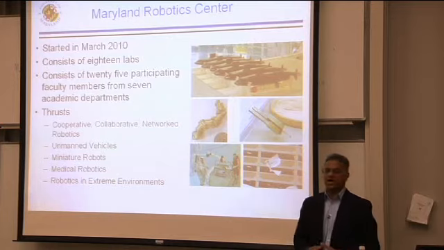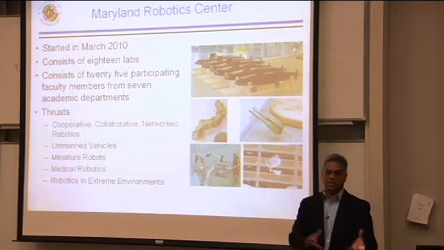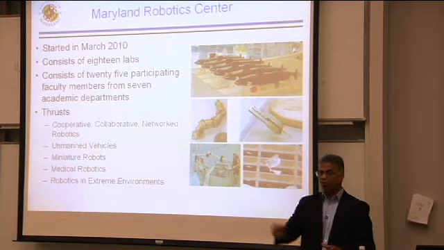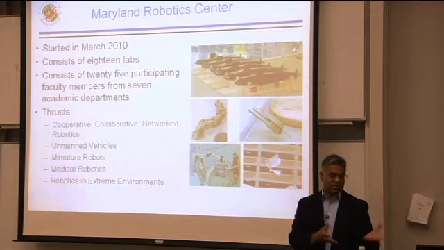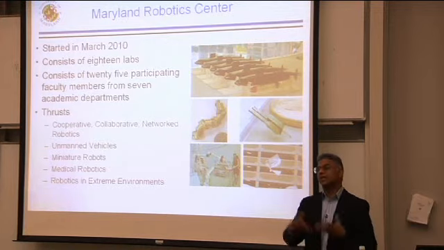Then we have a thrust on unmanned vehicles, where we build a lot of different unmanned platforms to do a wide variety of search, rescue, recovery, reconnaissance type of problems. Then there's a major thrust in miniature robots, where we are trying to make very small robots, as well as robots which can manipulate very small things. The fourth one is in the medical robotics area.